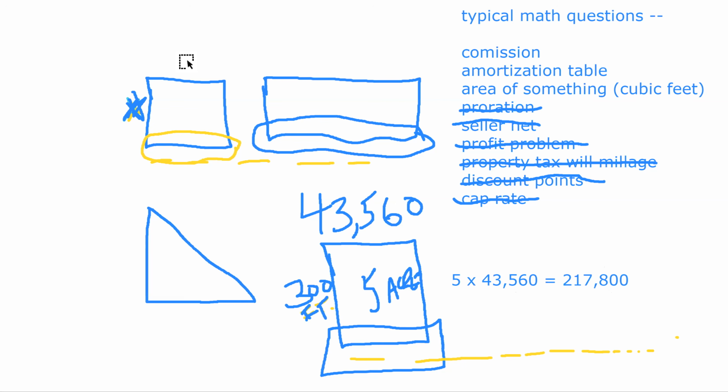Because 300 times a number is going to give you the 5 acres, which is 217,800. So if you divide 217,800 by 300, you would get the length, the width. It's going to be a wide one. You get the front foot. So that should come out to 726.